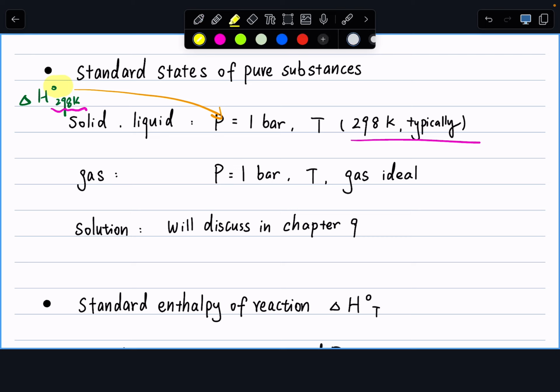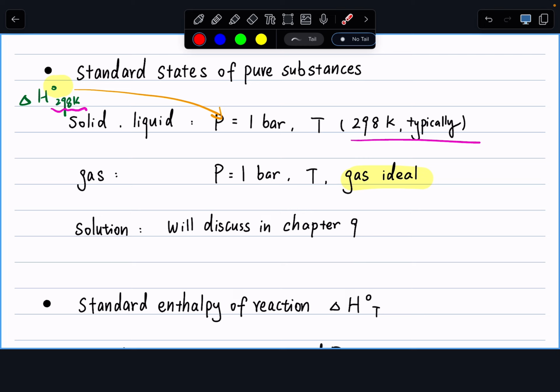For gases, we have one more criterion. The standard state of a gas is that the gas behaves ideally. And if we have enough time, we'll discuss solutions and the standard state of solutions in later chapters.